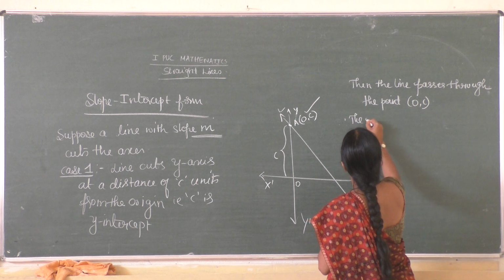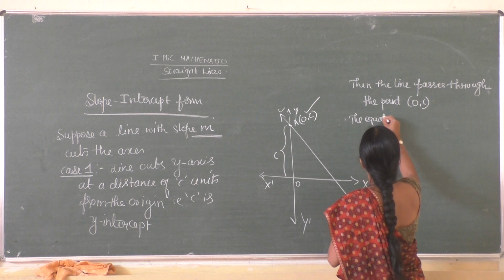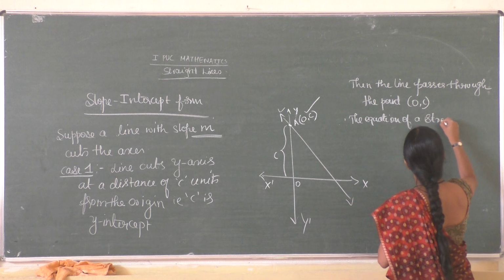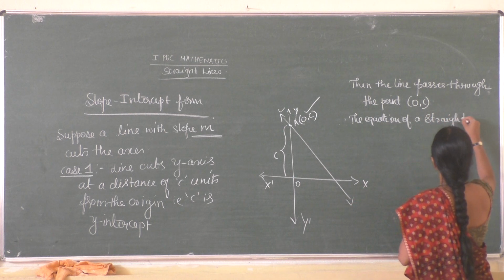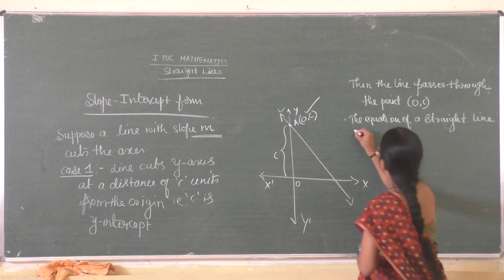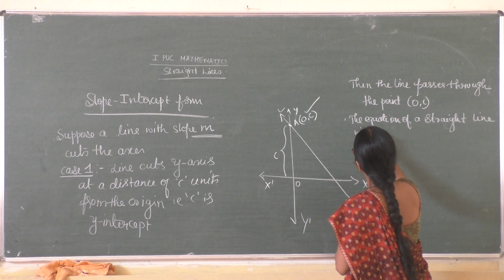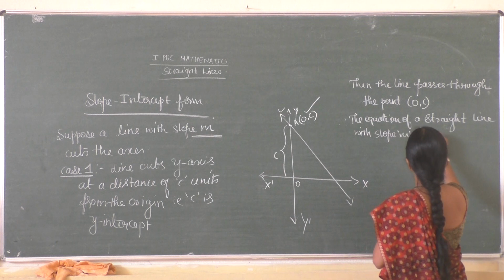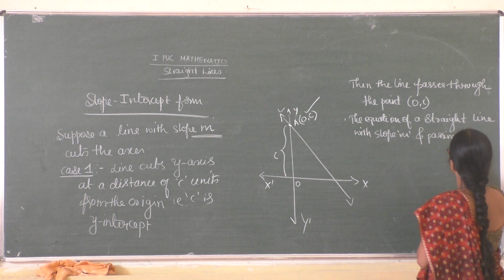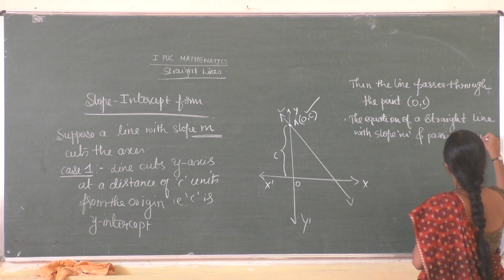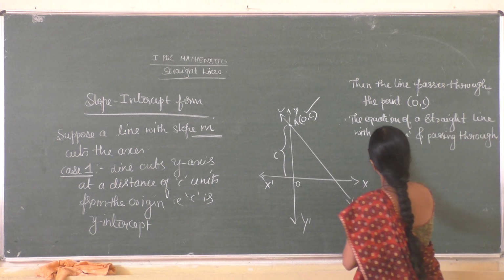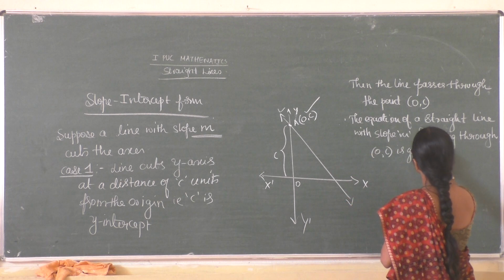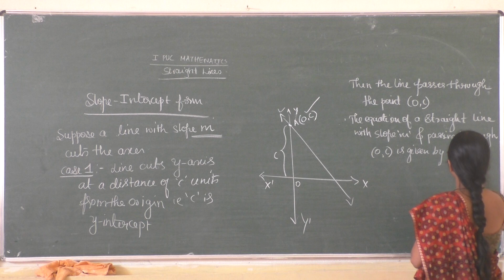Therefore, the equation of a straight line with the slope m and passing through 0, c is given by. So the formula is here.